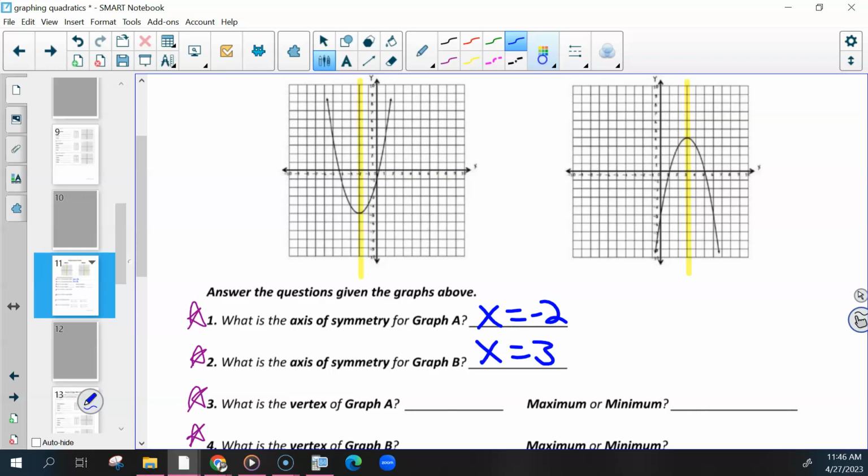And then for our vertex, if you look at whatever the lowest or highest points are, that will tell you what the vertex is without you having to do the work to find it. So what would the vertex of graph A be?